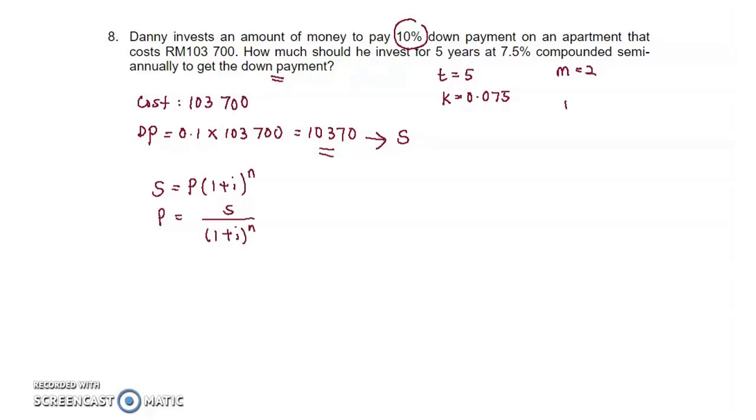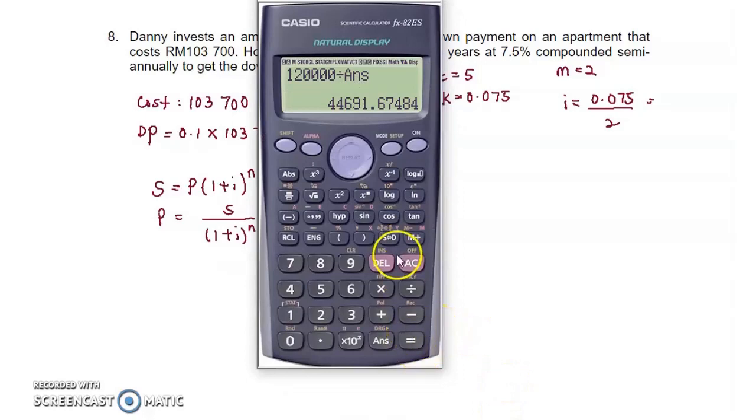Calculate value I here. I equals K over M, so 0.075 divided by 2 is 0.0375.